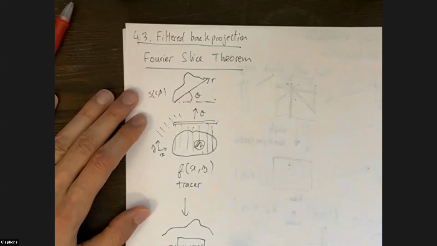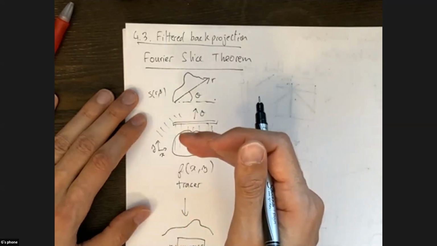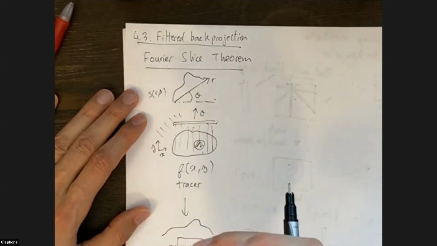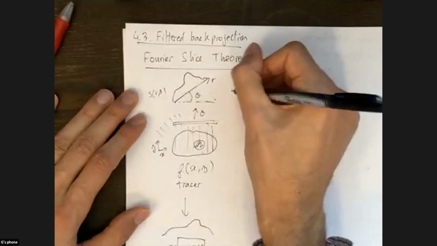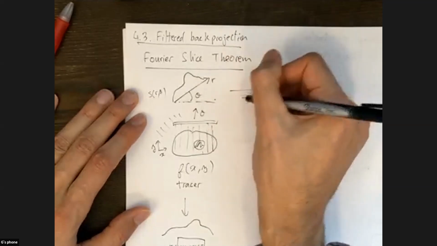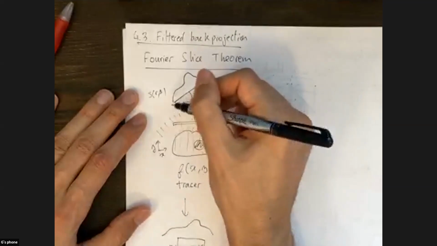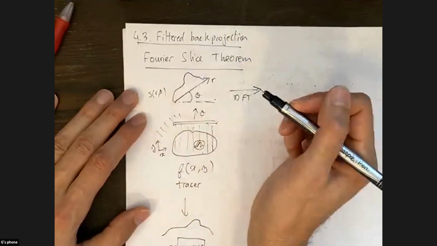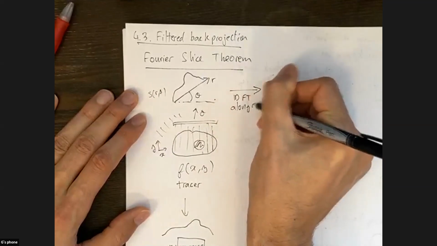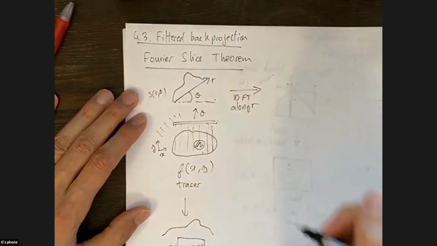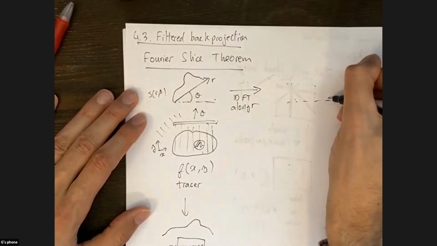And the intuition we had, that the projection preserved the frequency information along a single line in the spectrum, holds true for any angle, right? And so actually, what the theorem says is I can take a 1D Fourier transform of this projection. So this is a 1D Fourier transform along the variable R. And so now I can go in the frequency domain.